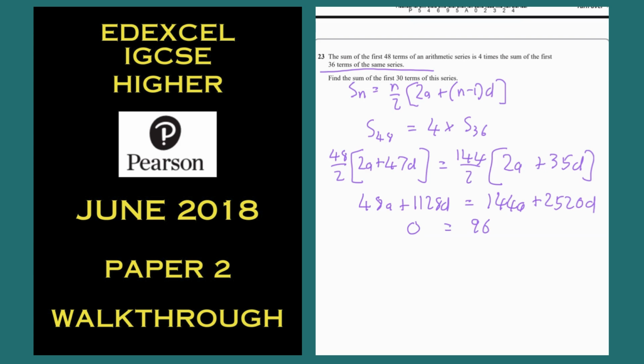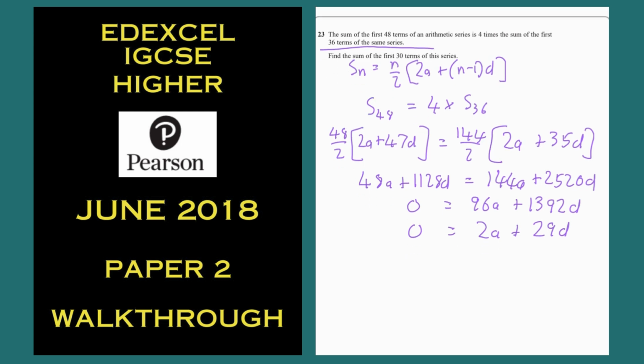Take away 48a from both sides. And this cancels down. Stick 96 over 1392 in your calculator as a fraction, and it will tell you it's 2 over 29. And that might look like it's not connected at all. Carry on regardless. Find the sum of the first 30 terms.